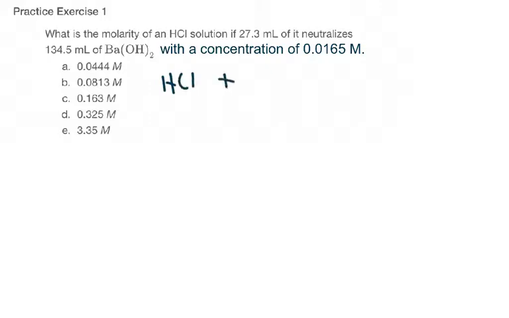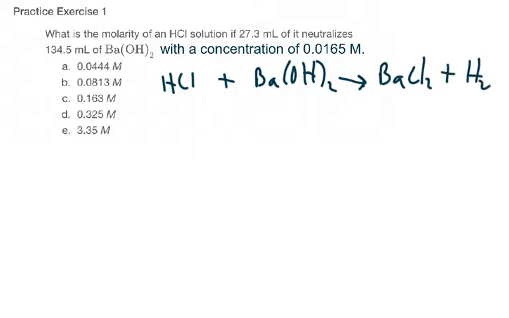HCl is reacting with barium hydroxide. So there's your acid, here is your base. You're going to make salt and water. The salt here would be barium chloride, and water. Make sure we balance this equation. You need to put a 2 here to balance the hydrogens and the oxygens, and a 2 here.